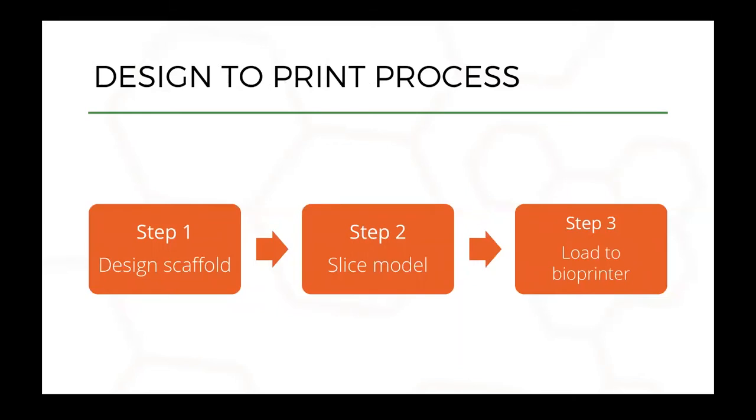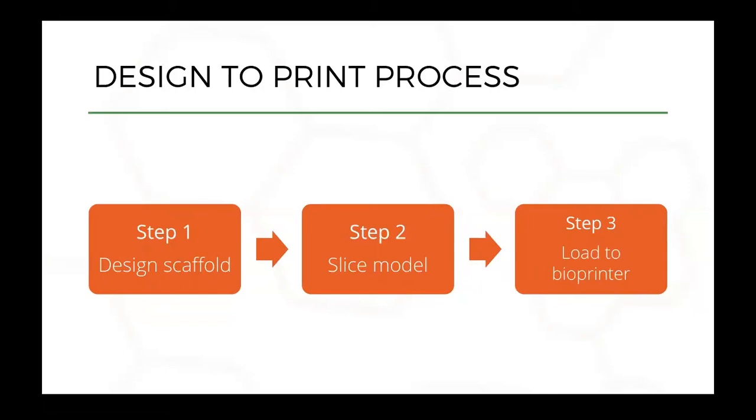There are numerous slicer programs out there in the market, but what it really comes down to is that they take a 3D model, which is often in the STL format, and translate a 3D virtual model into language that a 3D printer or bioprinter can understand. That's really the function of the slicing program.